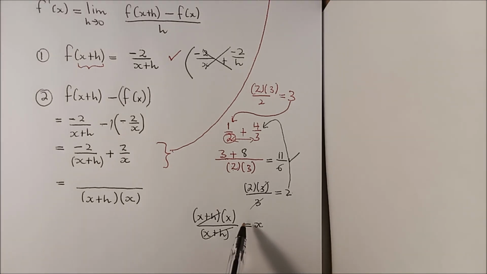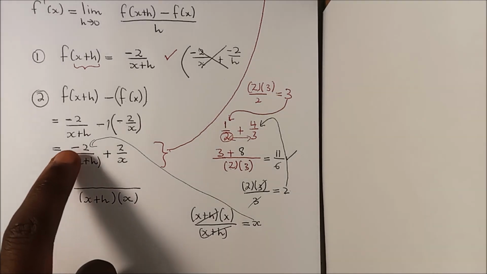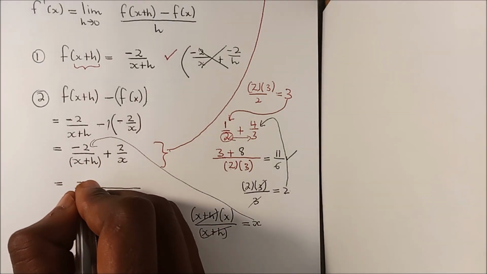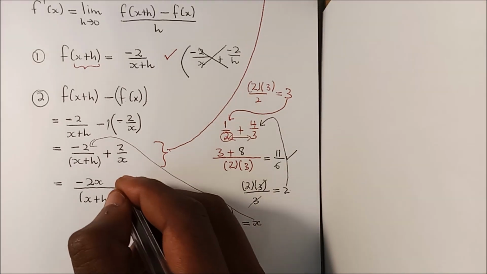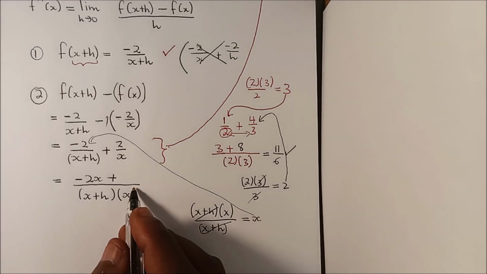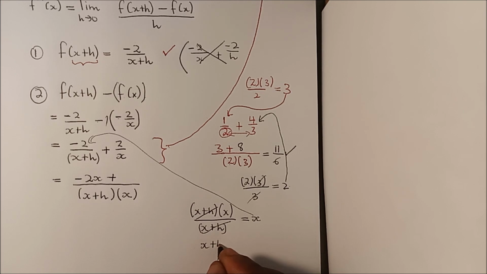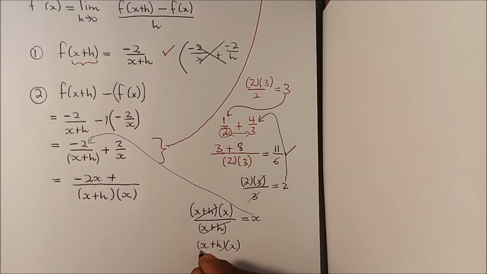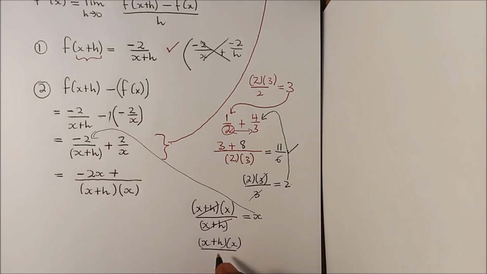Now what do you do with that x? You multiply it by the numerator. What is negative 2 times x? You have negative 2x. And then the sign, you drop it, so we have plus. Now we do the same procedure. We take the new numerator, x plus h, multiplied by x, divided by the second denominator, which in this case is x.